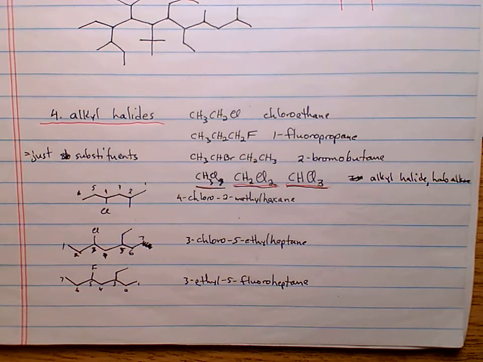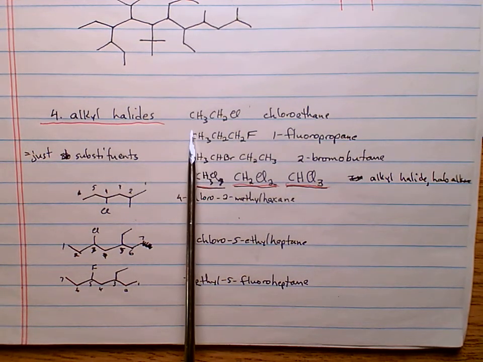The IUPAC name would say, all right, the halogen, chlorine, bromine, fluorine, iodine, it's just a branch. It is simply a branch on an alkane. Just like a methyl is a branch and an ethyl is a branch, a chloro or bromo is just a branch.